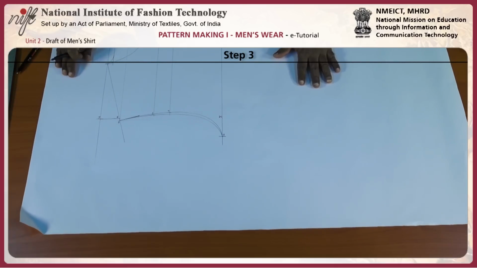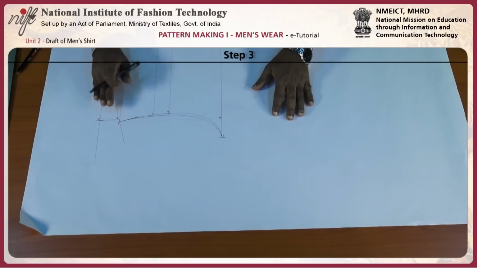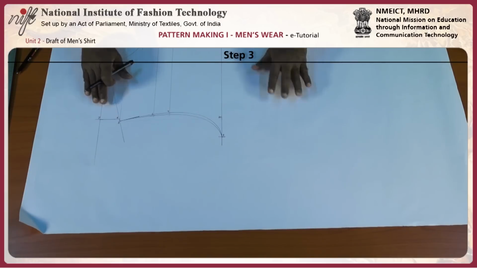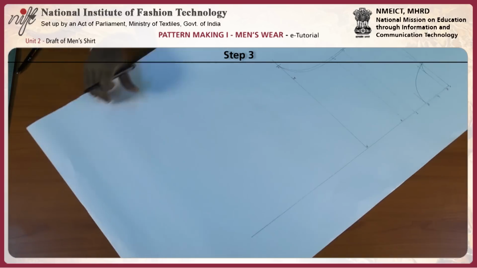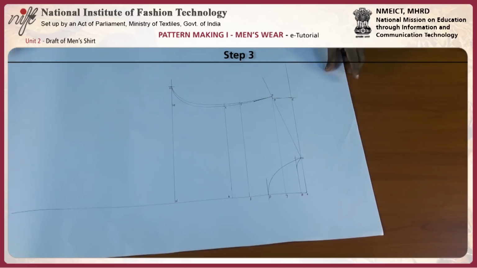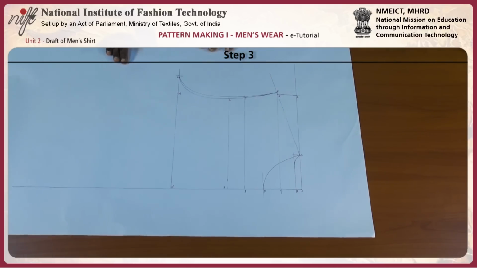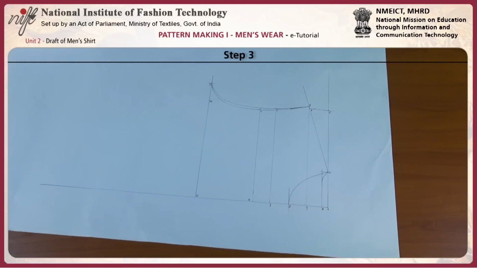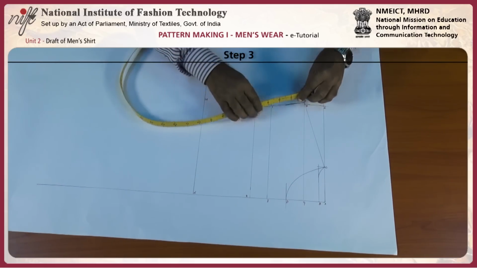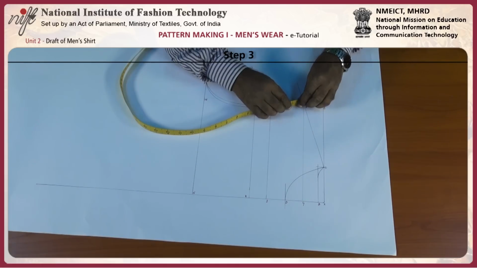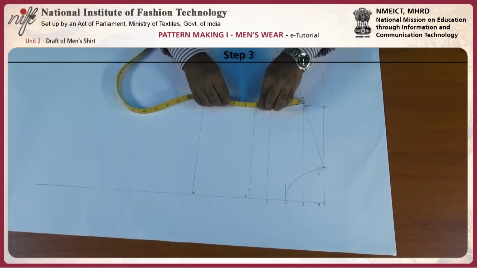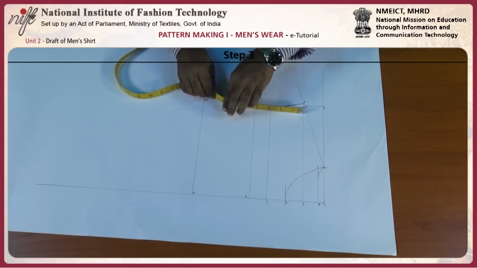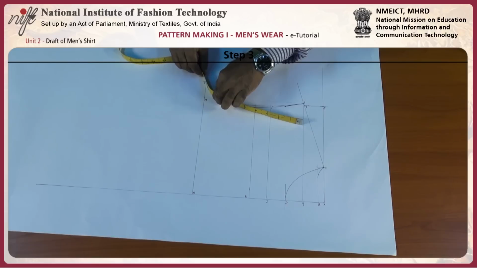With this, you are completing the armhole. This armhole can be measured using measuring tape as I have shown while measuring the neck circumference. To take the curve measurement, you can measure using the measuring tape or flexible tape which can be used to measure curve lines.